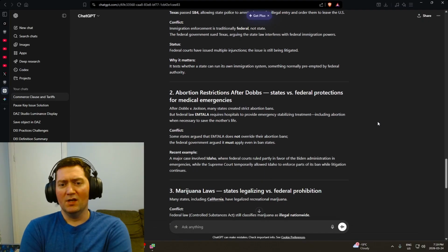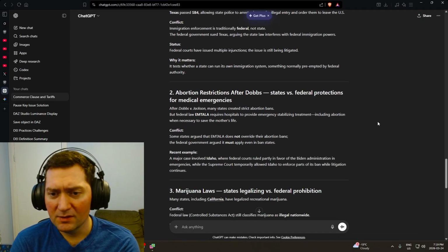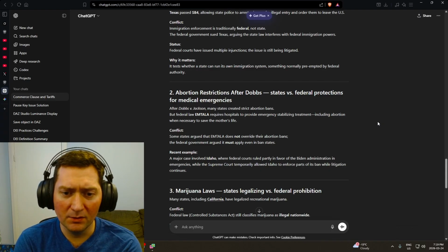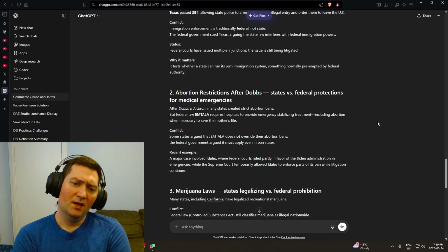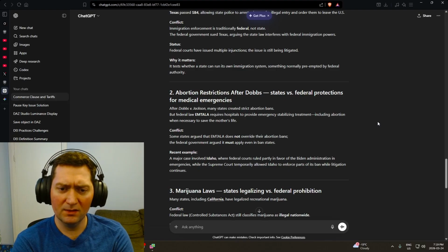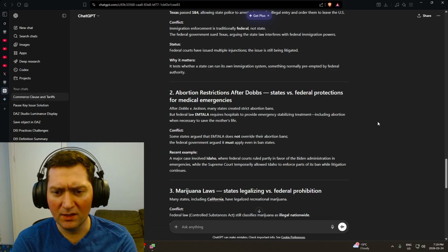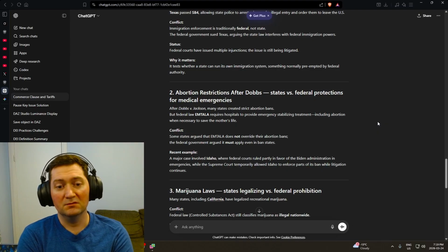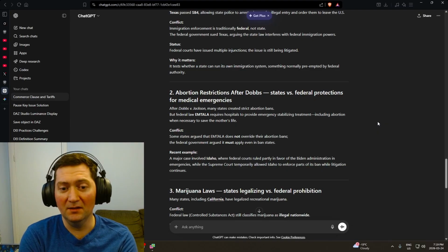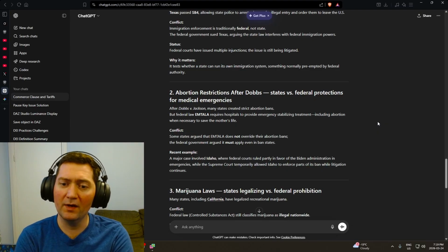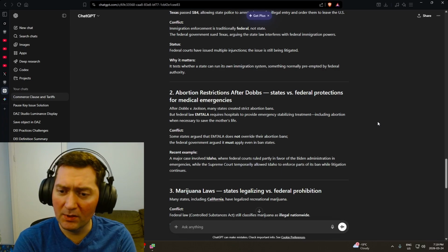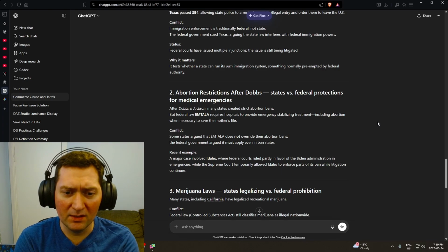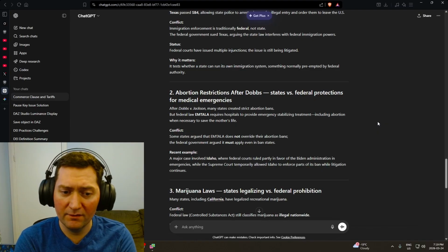Abortion restrictions after Dobbs. States versus federal protections for medical emergencies. After Dobbs versus Jackson, many states created strict abortion bans. The federal law, EMTALA, requires hospitals to provide emergency stabilizing treatment, including abortion when necessary to save the mother's life.